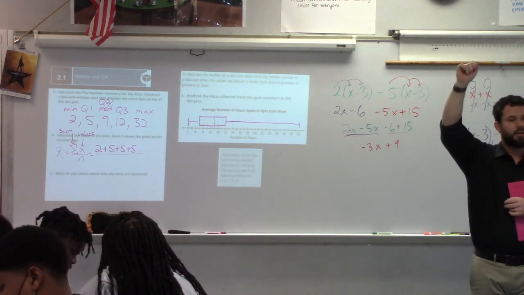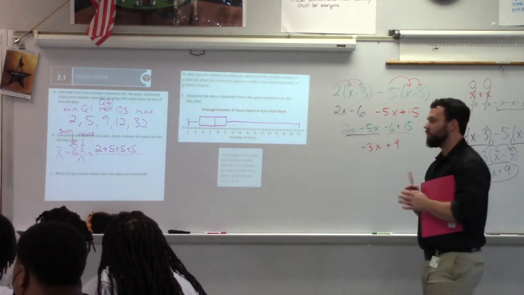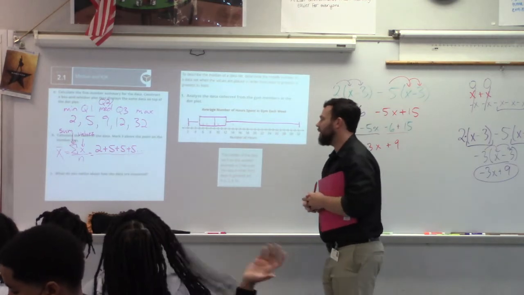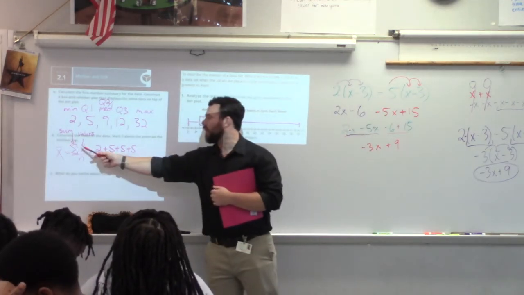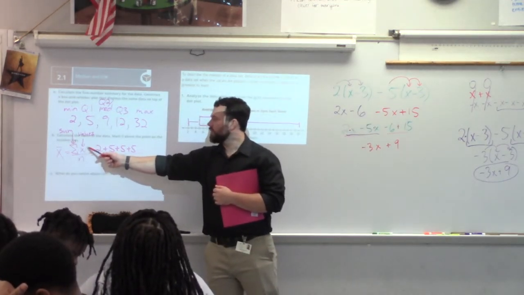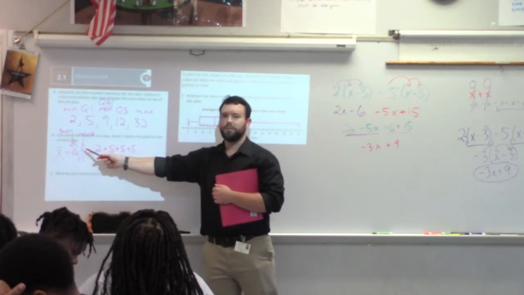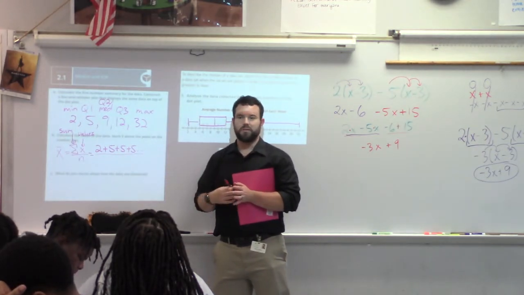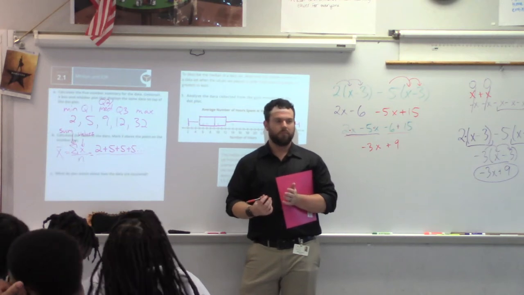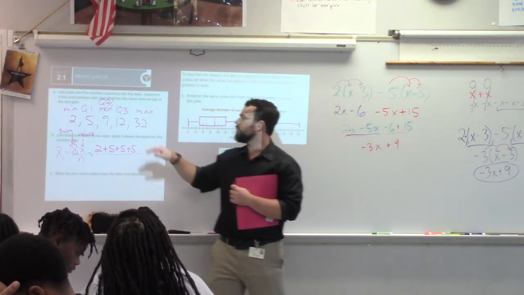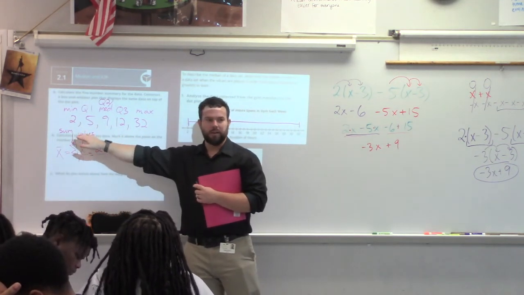I need y'all's attention on this because I've seen this show up a couple times now. When we say the sum of x, the values, does it just say some of the values, like a few of the values, or does that mean all of them? All of them. And not just the 5-number summary.